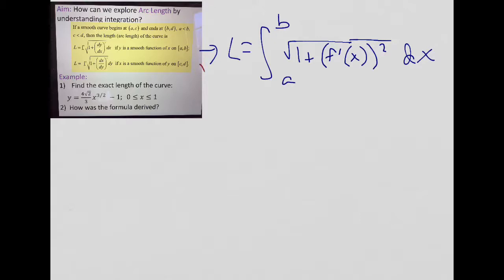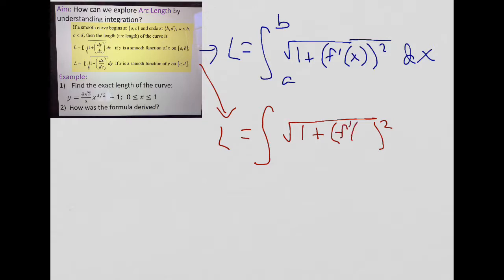Hopefully you had a chance to write down the second part of this, and if you're missing something or not quite sure what this is, don't worry, I'm going to write it for you so you can double check. L, meaning length, is equal to the integral of the square root of the quantity 1 plus dx over dy, squared. The reason it's dx over dy squared is because we want f prime of y.